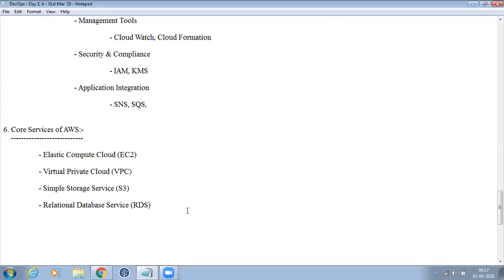So as part of our curriculum, let's try to understand what EC2 is and what it contains.